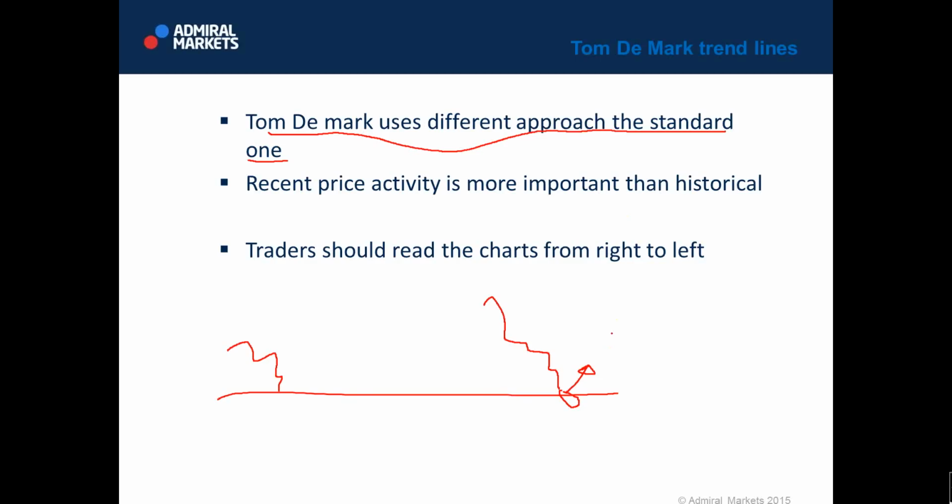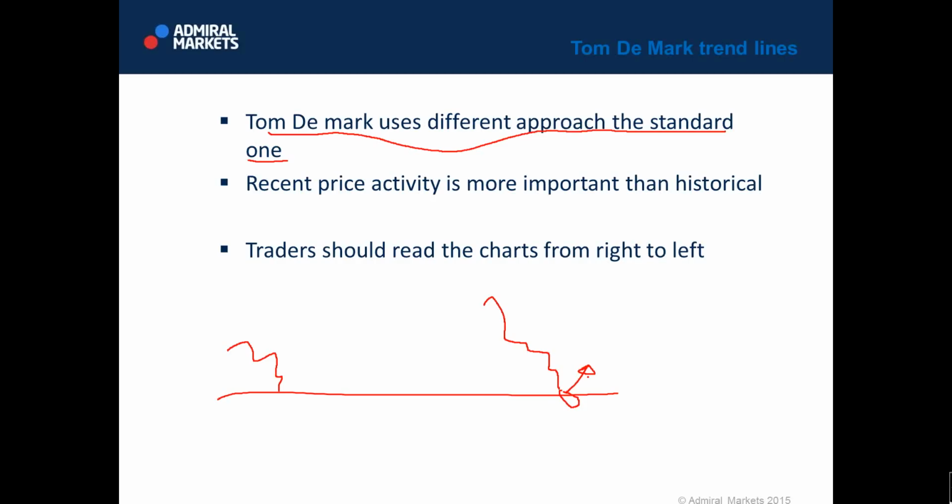And very often when we find important support and resistance levels, historical support and resistance levels, we then try to find a confluence in those levels with other chart patterns to see if we can get a trade here. Okay? So I cannot definitely agree that recent price activity is more important.